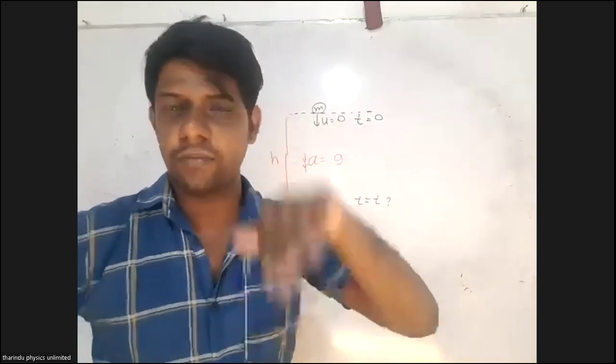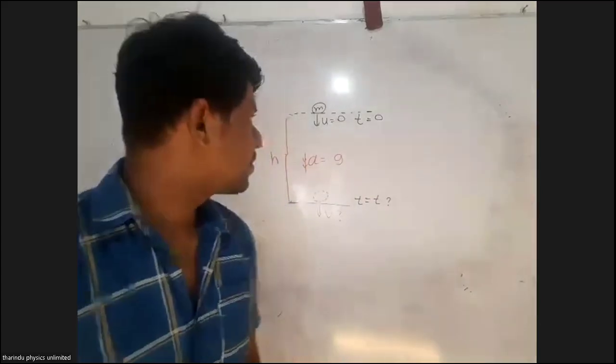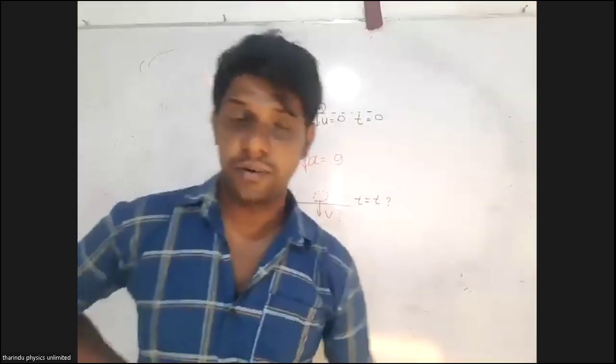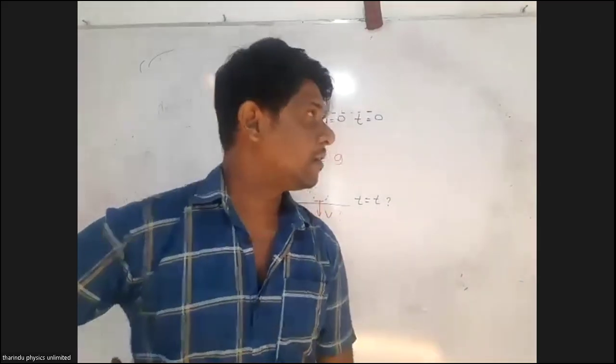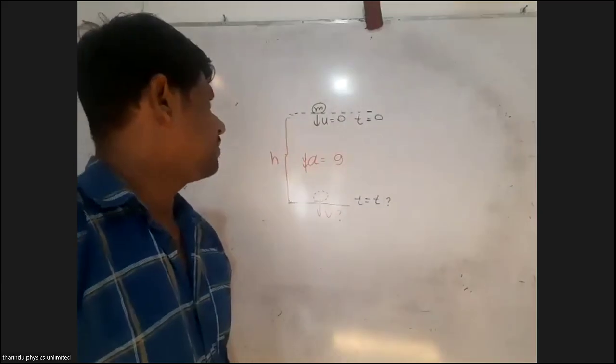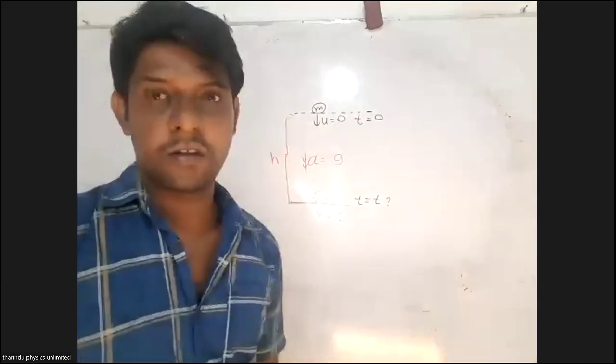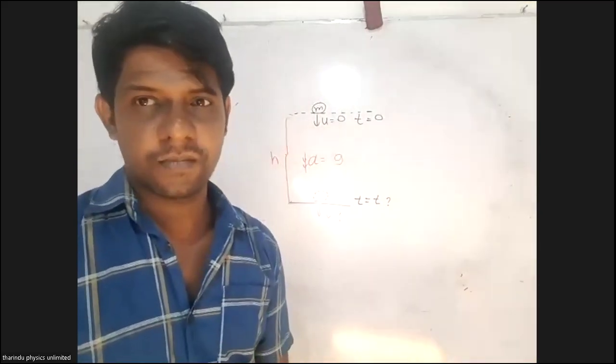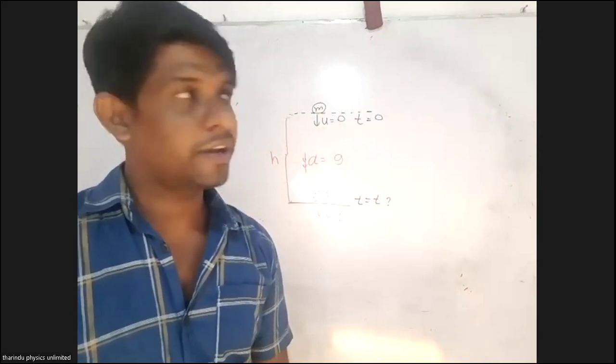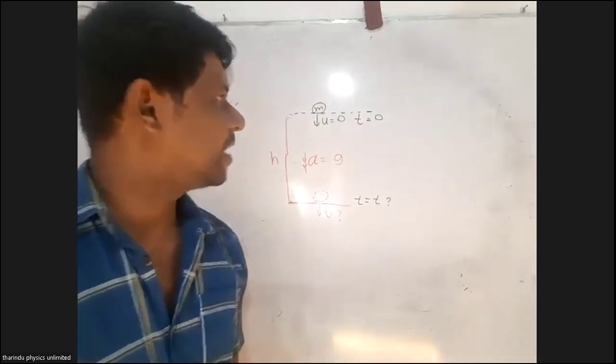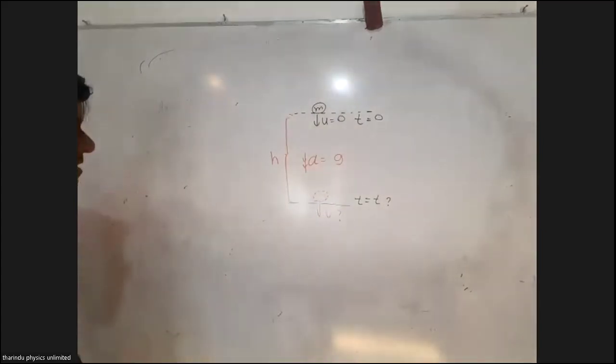Initial direction of the motion of the object is downwards, according to vectors.